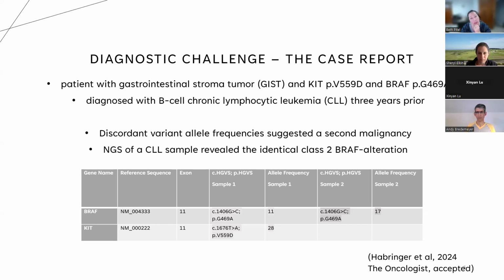So I guess I kind of want to ask this. What if the BRAF and the KIT variants had been in the same tumor? How do we deal with therapy and recommendations in that instance?